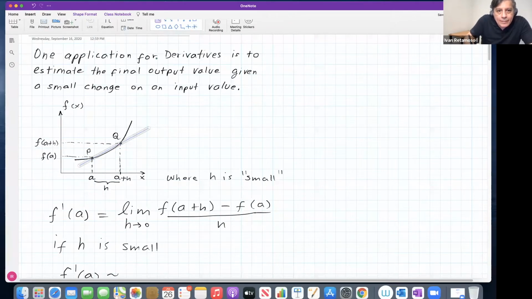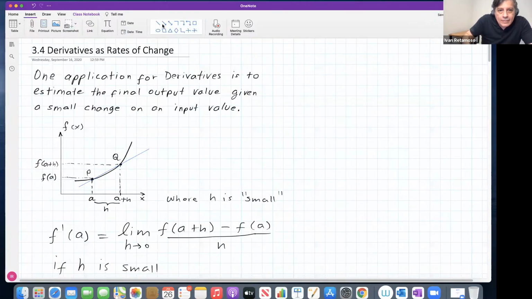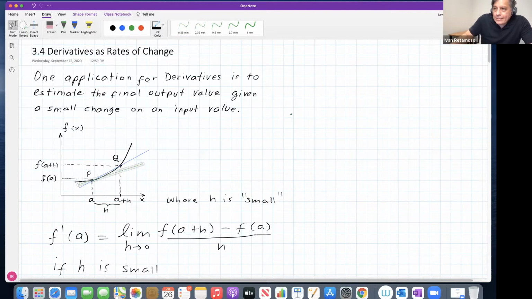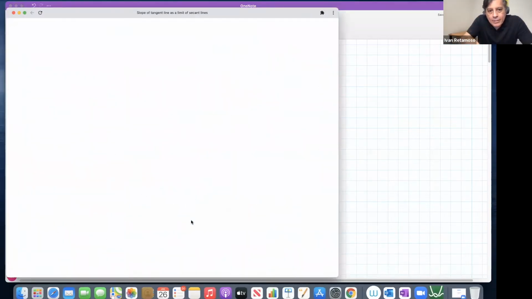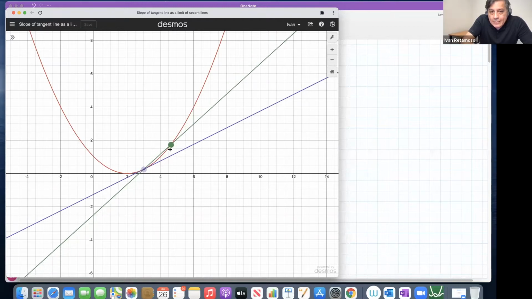Let's check this. Draw a tangent line there. Yeah, this is the tangent line, right? If you have difficulties figuring this out or interpreting this, I strongly recommend you look at our website. It's an animation. It tells you how, from a secant line, this is the point Q, this is the point P, the base point, if you approach your base point little by little, the secant line eventually becomes the tangent line.